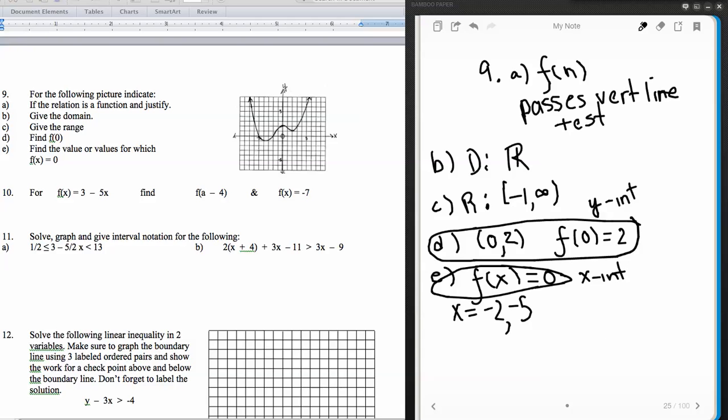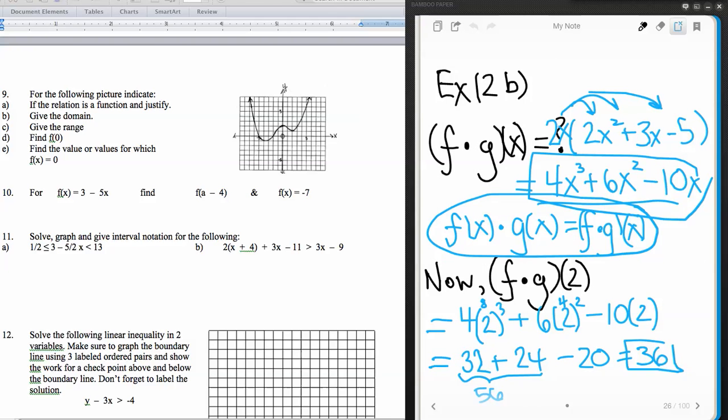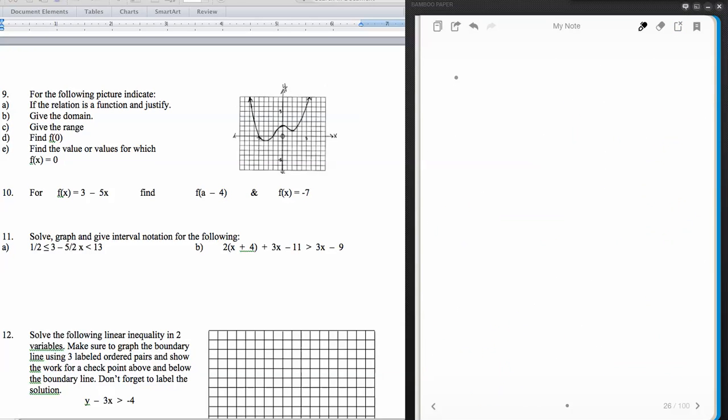All right, problem number 10, we're doing a little bit of evaluation in problem number 10. And so we have f of x being something, and then we have putting that value in for the x. So f of a minus 4 is 3 minus 5 times, and then we're putting a minus 4 in here.